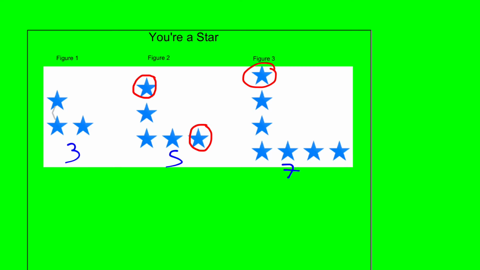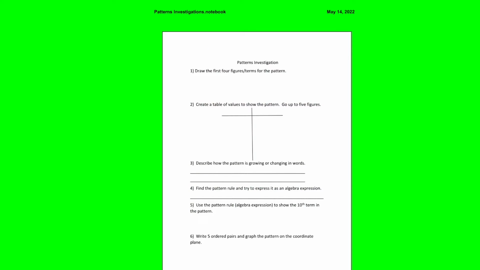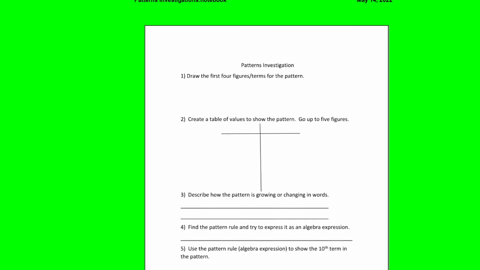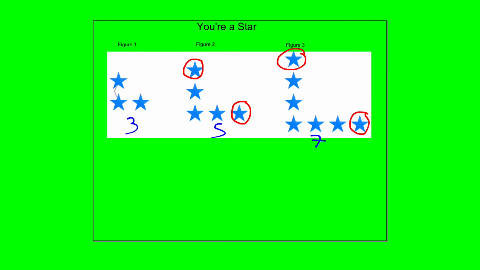Top and side. So the first thing the kids had to do in this pattern is draw the first 4 figures. Now the 4th one wasn't drawn for them in this one, so they had to notice that pattern there, and then they could have a situation that looks like this. So in the next one, I'll draw some stars like that. 1, 2, 3, 4, but then I have to add 1 there.